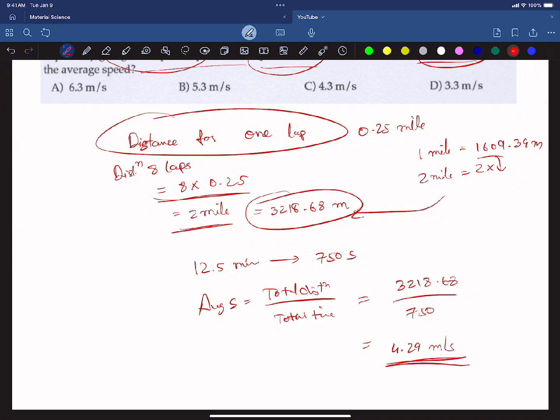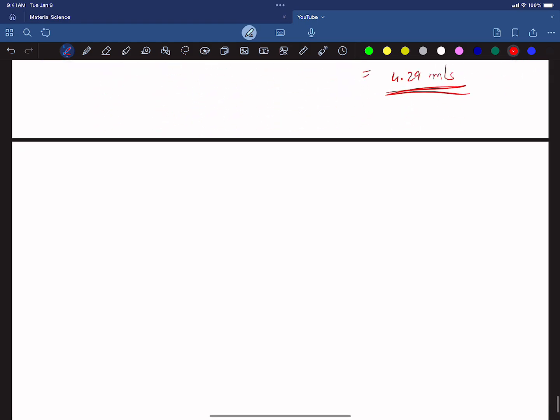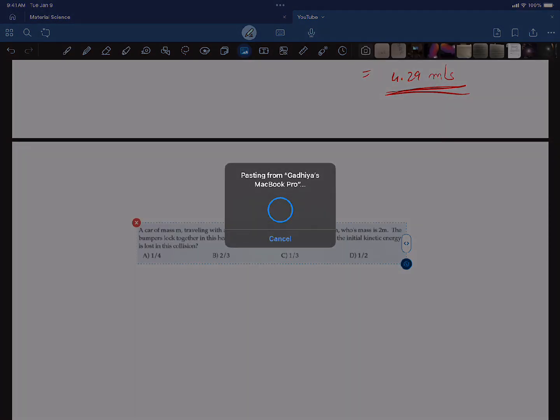That's our answer, 4.29, which is C. Let's move on to the next question.